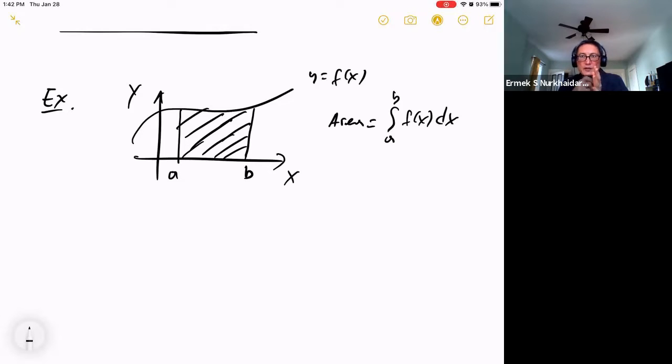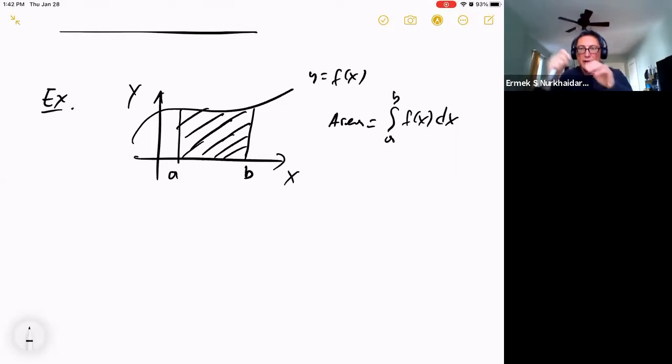Instead of finding the whole thing, you divide the whole thing into small pieces, then you approximate each small piece, you add up all approximations, and you get an approximation to the whole big thing. And then you take the limit of your approximation. So each small piece, you get even smaller pieces, and you take the limit of the approximation. Eventually you're going to get an integral, and the integral will give you the answer.